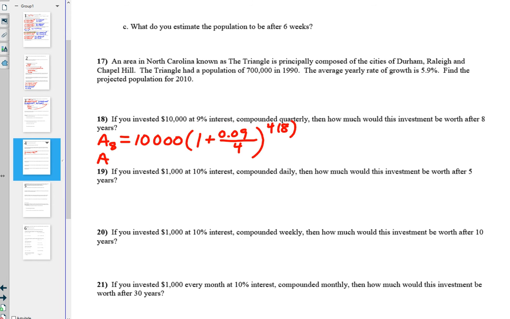We can clean this up a little bit. So 10,000 times 1 plus 0.09 divided by 4, and then to the power of 4 times 8, 32.